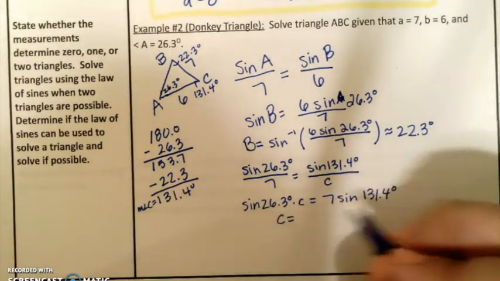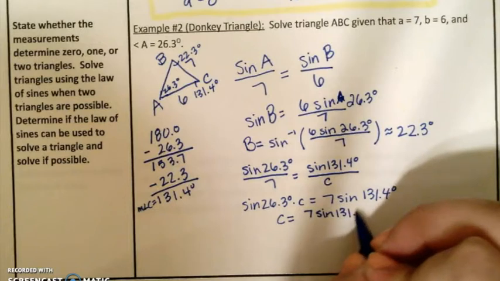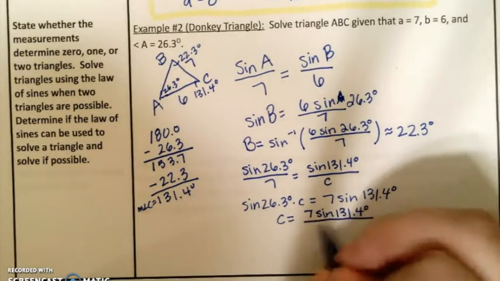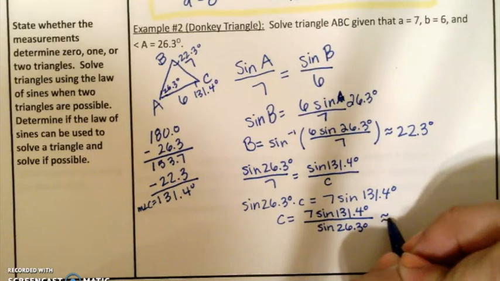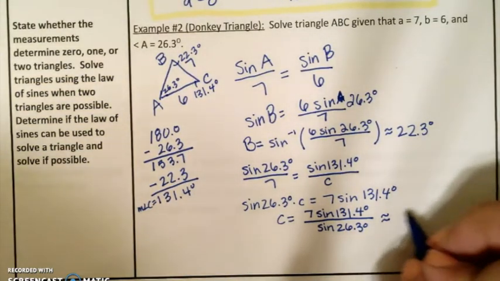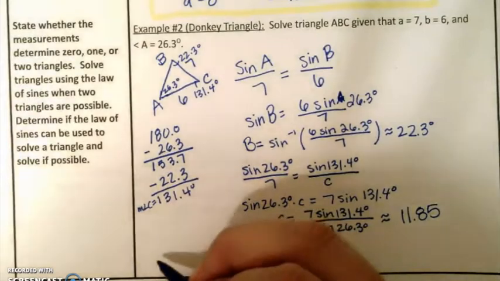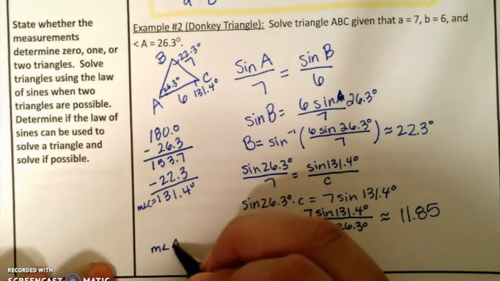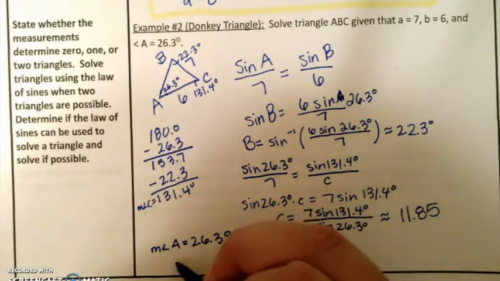So then c equals 7 times sine of 131.4 degrees divided by sine of 26.3 degrees, which is approximately 11.85.